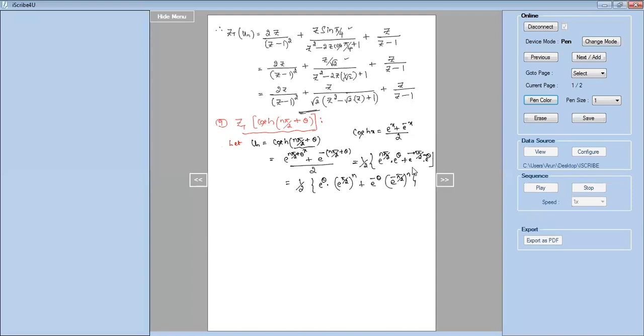The purpose of writing like this is that I want to get a term like k power n. Once you get k power n, I can apply the formula for Z transformation: the Z transform of k power n is Z by Z minus k.